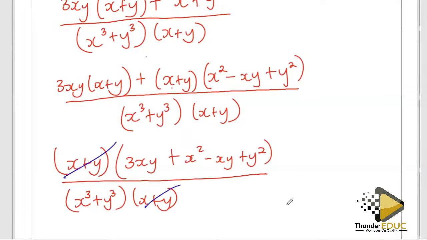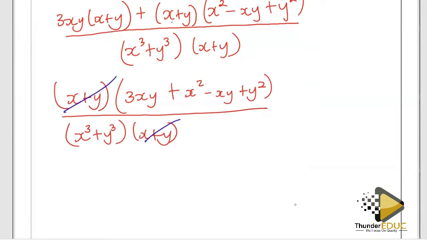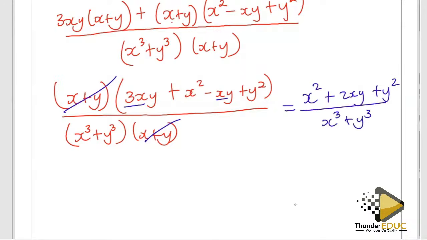I'm taking the longest approach just to make sure we get to the same answer. When I simplify what is on top here, I'll have x squared plus this and this, it's going to give us 2xy, and then plus y squared. We're dividing it by x cubed plus y cubed. Going back to the root of factorization, the top could be the same as x plus y squared.